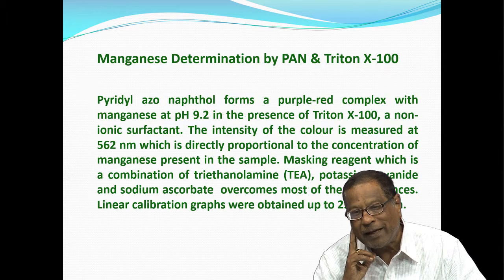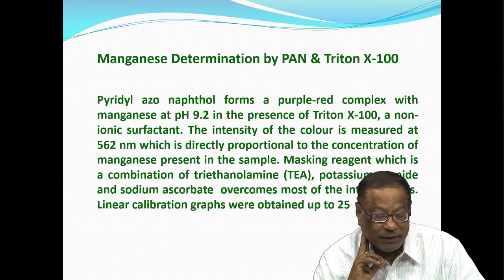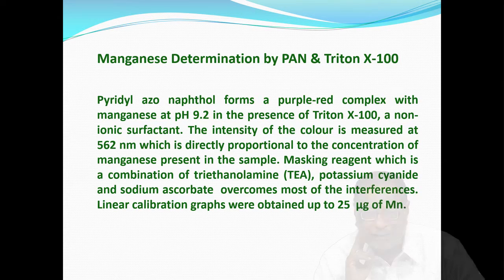Very few metals can normally be determined in alkaline media, because most of the metals in the periodic table, or whatever we come across in normal day to day life, precipitate as oxides and hydroxides in the alkaline range. But in presence of Triton X100, most of this precipitation does not occur, and manganese is no exception.